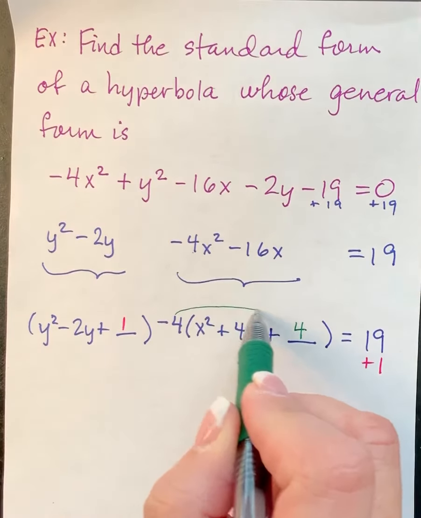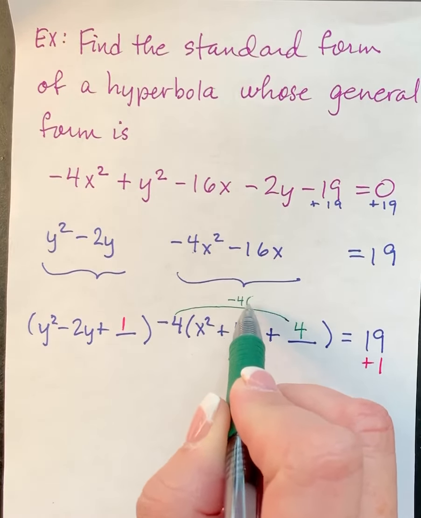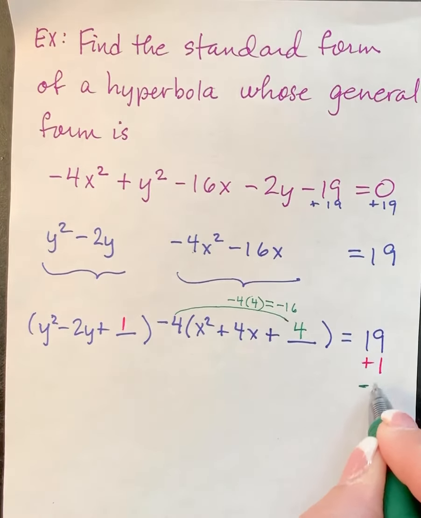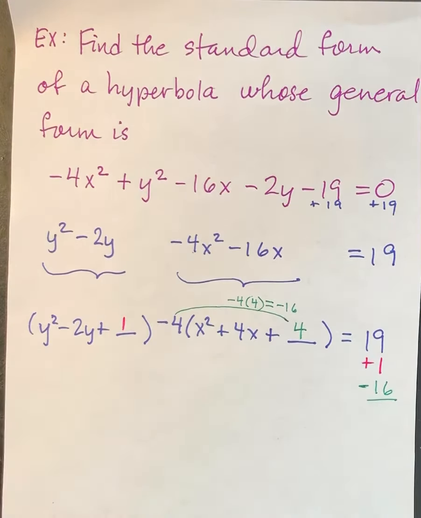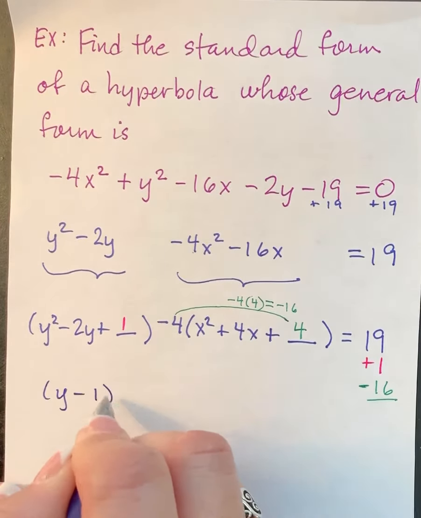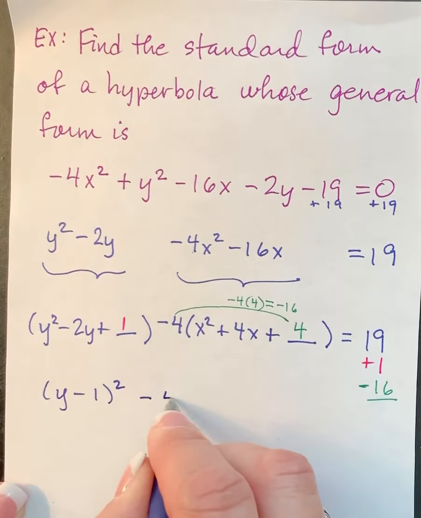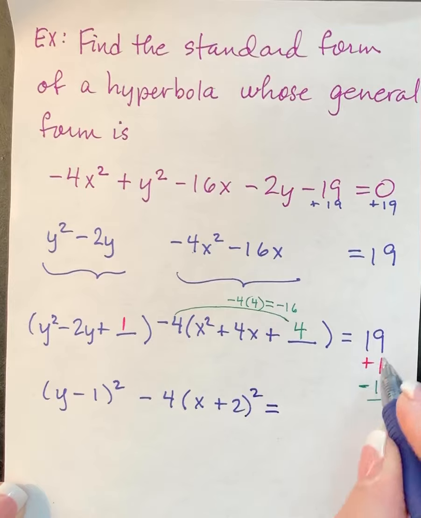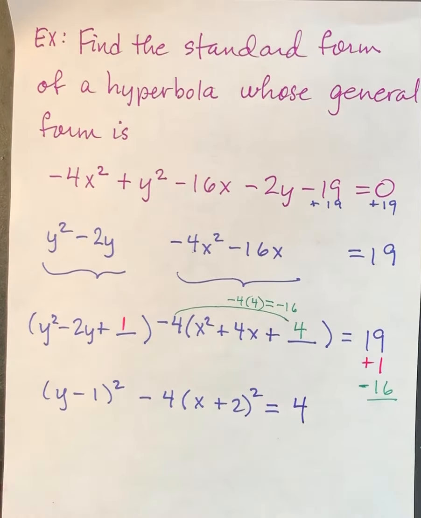You did negative 4 times 4, which is negative 16. So we're going to need to subtract 16 over there. Okay, and then we have y minus 1 squared minus 4 times x plus 2 squared equals 4.